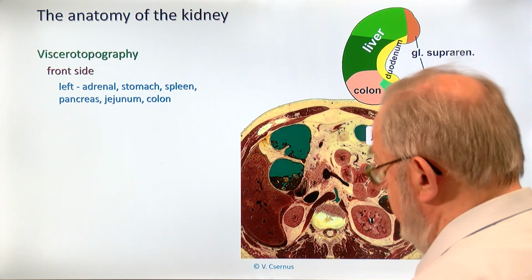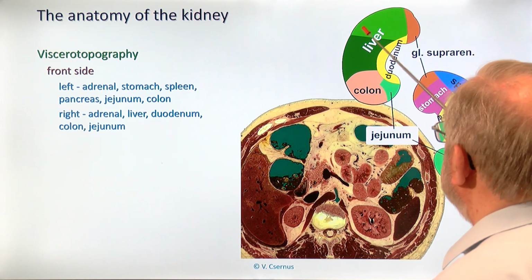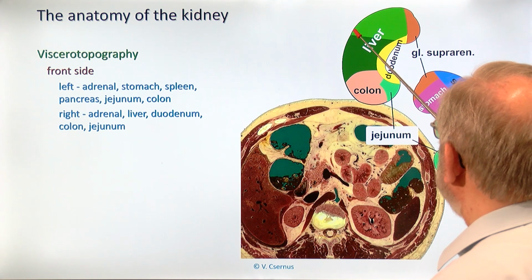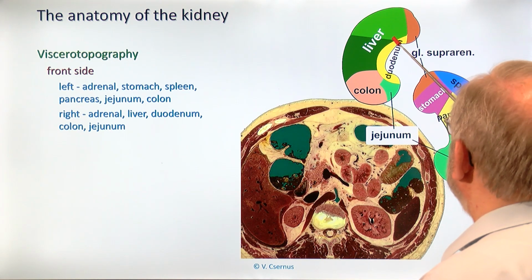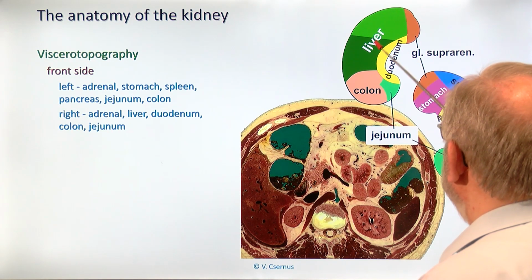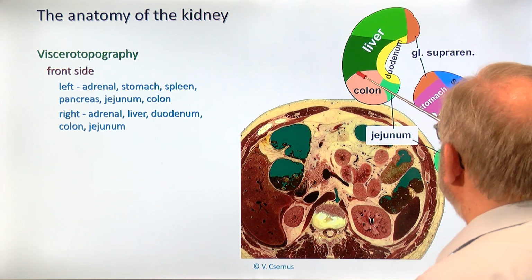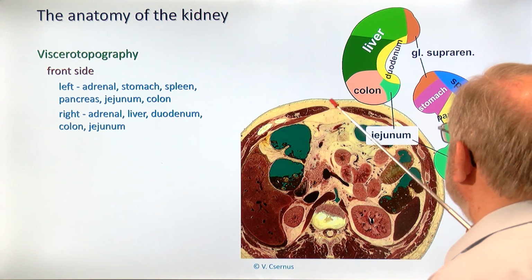In the right kidney, most of the neighbor is the liver. The liver has two connections. In this pale area, the liver is directly in contact with the kidney, because this is the bare area. Here we have the peritoneum, the visceral and the parietal peritoneum, in between them the peritoneal cavity, but still the liver is in front of it.